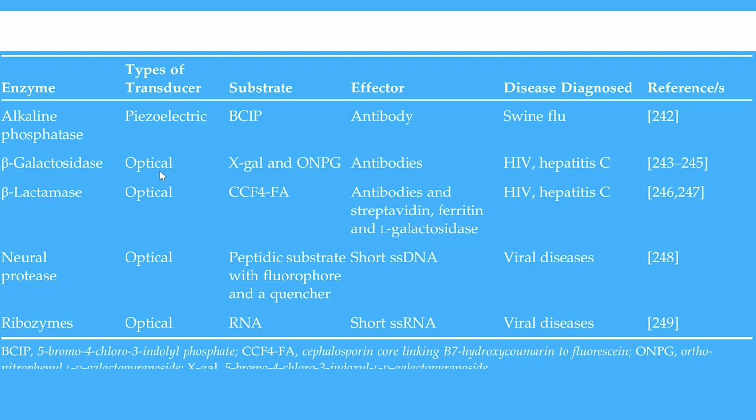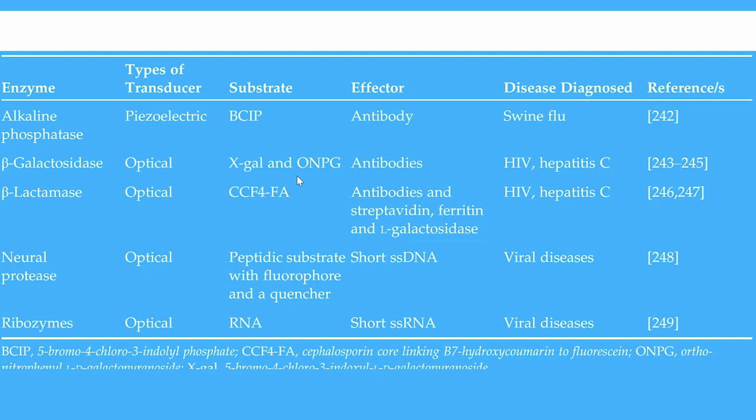XGAL is nothing but 5-bromo-4-chloro-3-indoxyl beta-D-galactopyranoside. This is the technical name of XGAL, and ONPG is ortho-nitrophenyl beta-D-galactopyranoside. So they have strongly supported the use of the enzyme as a reporter for the detection of gene expression.